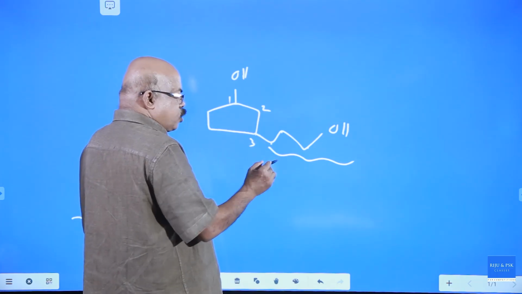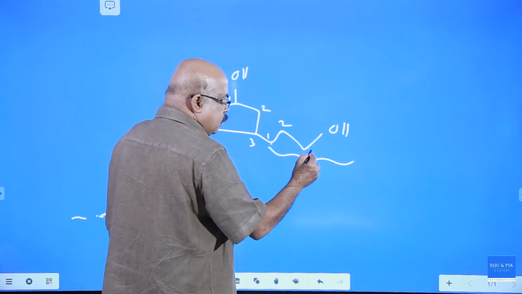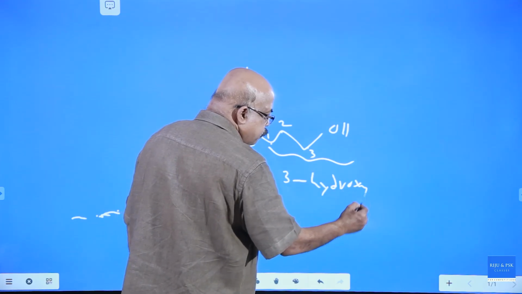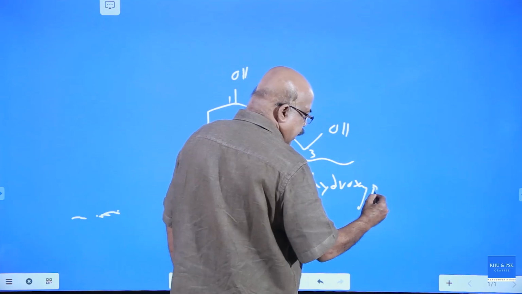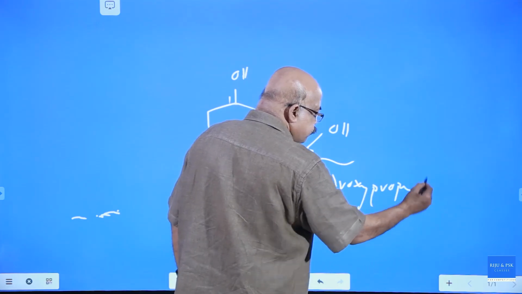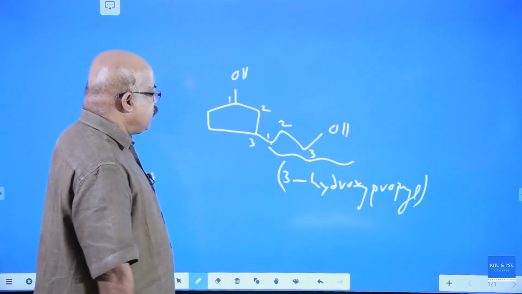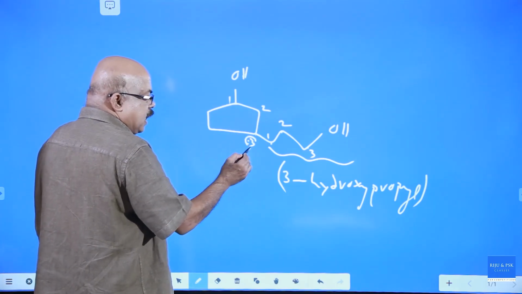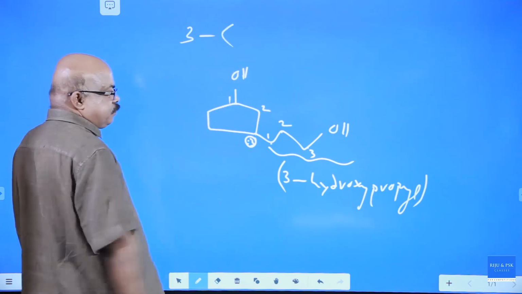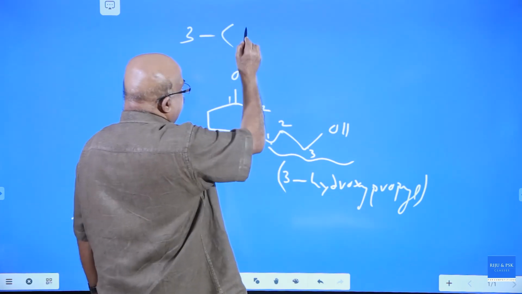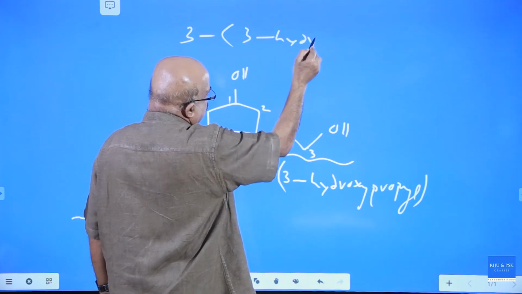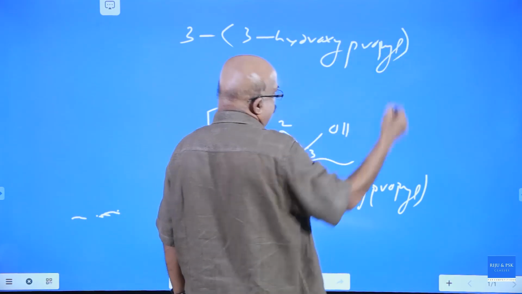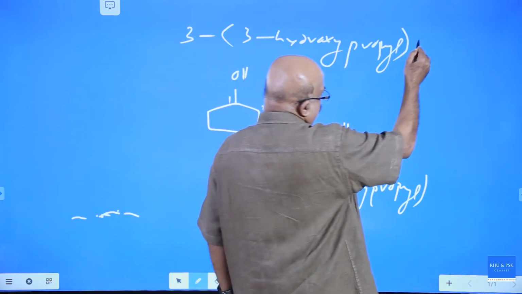When it is treated as a substituent, numbering from here 1, 2, 3, it is 3-hydroxy propyl substituent. So the name of this molecule, with 3 as the locant, is 3-hydroxypropyl cyclopentanol.